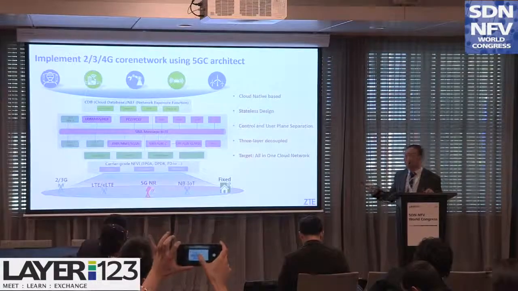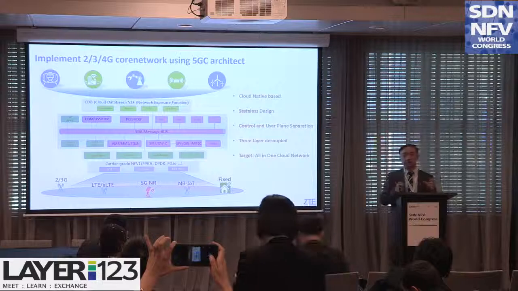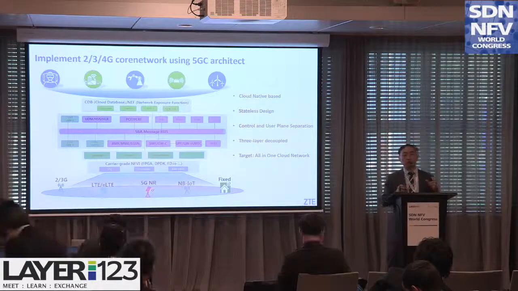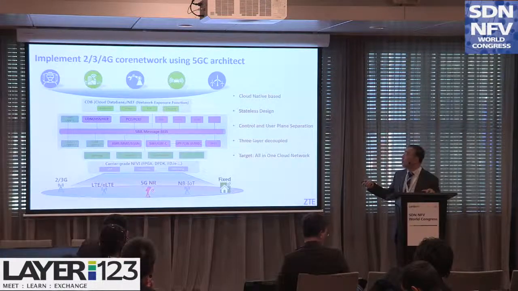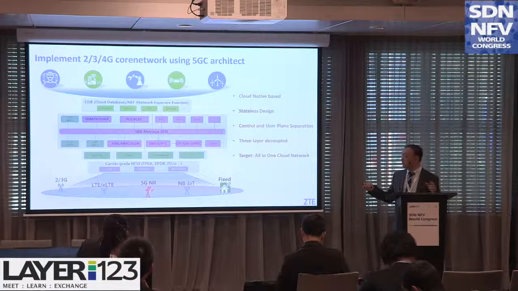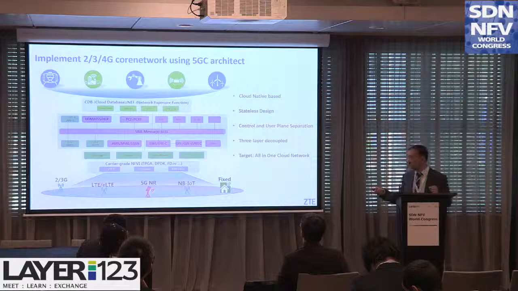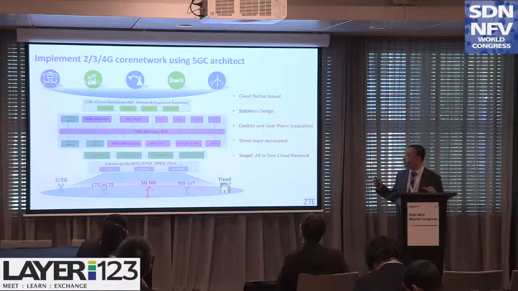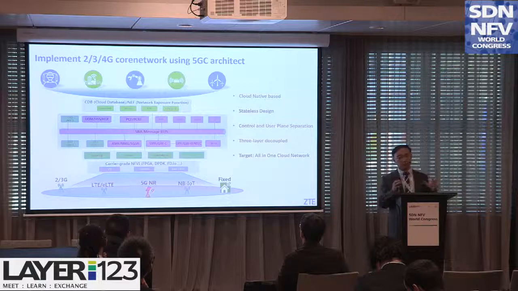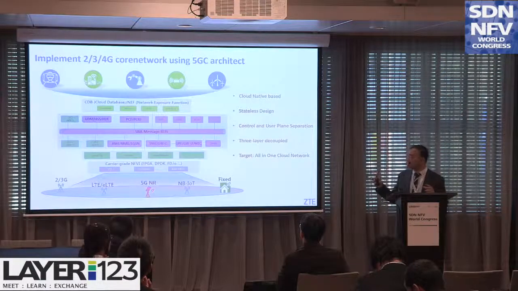But we can expand some typical network functions, for example the AMF, to support MME and SGSN functions, and the SMF to expand to gateway control functions. At the same time, the UDM can be expanded to support HSS and HLR functions.